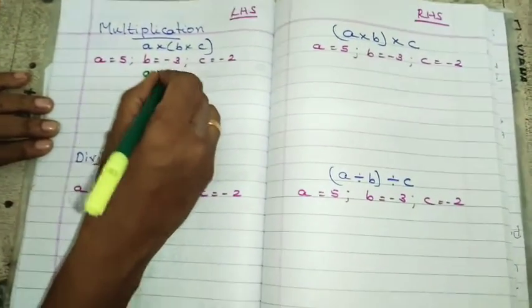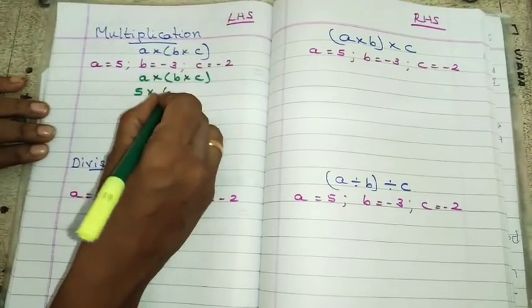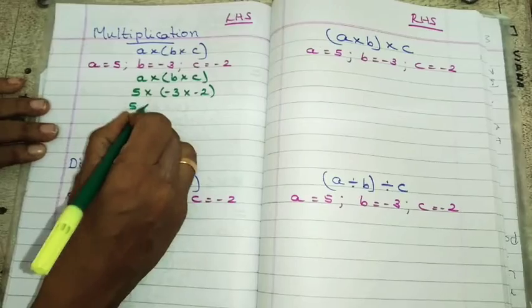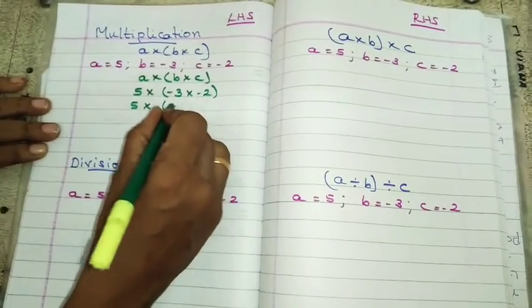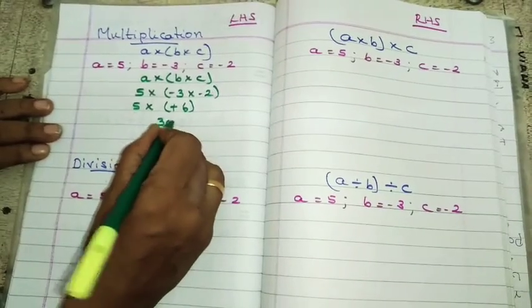Then moving on to multiplication. A into B into C. 5 into within brackets minus 3 into minus 2. So 5 into minus into minus plus, 3 2s are 6. So 5 6s are 30.